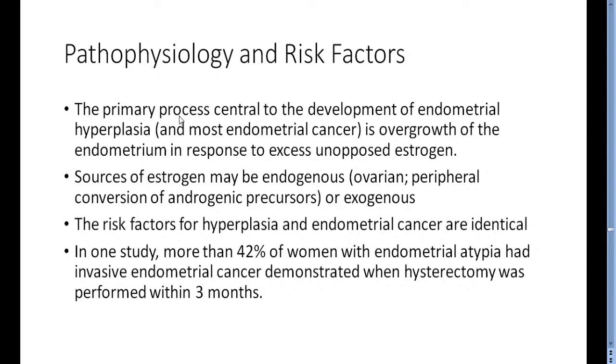Sources of estrogen may be endogenous, like from the ovary, or peripheral conversion from the androgens, or may be exogenous, which we doctors give our patients for the treatment of postmenopausal symptoms, for the treatment of osteoporosis, for example. The risk factors for hyperplasia and endometrial cancer are identical. In one study, more than 42% of women with endometrial atypia had invasive endometrial cancer, demonstrated after hysterectomy.